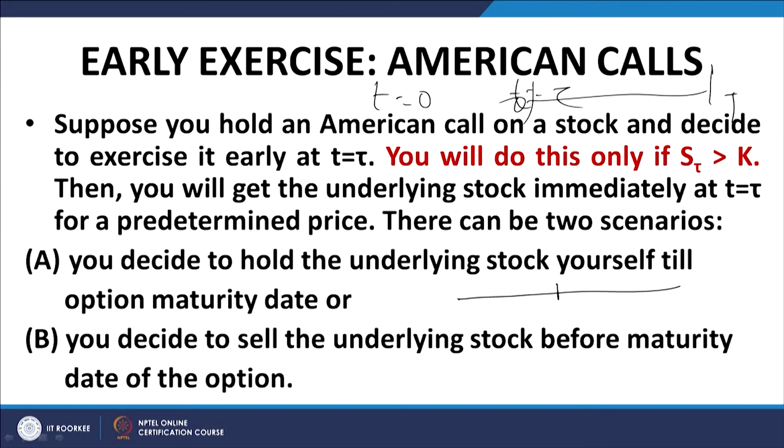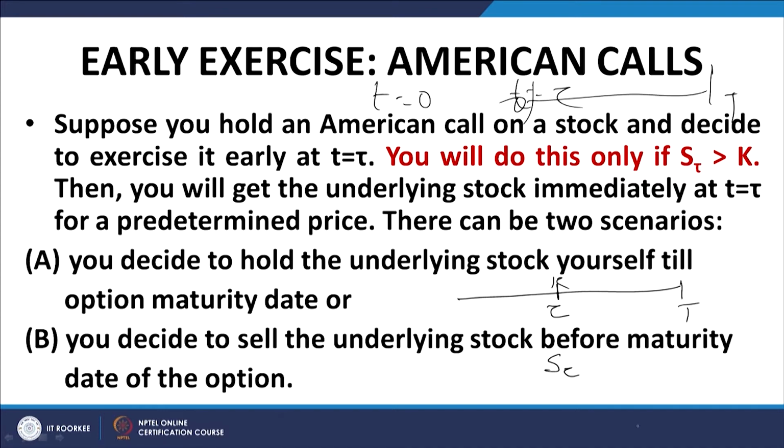Let us say at this point tau, you decide to exercise the option, and let us say this is the maturity of the option. At point tau you have exercised the option. What have you got? You have got the stock at a price S tau and you have paid a price K. You have got a stock whose market value was S tau. Obviously, S tau is greater than K, that is also understood.